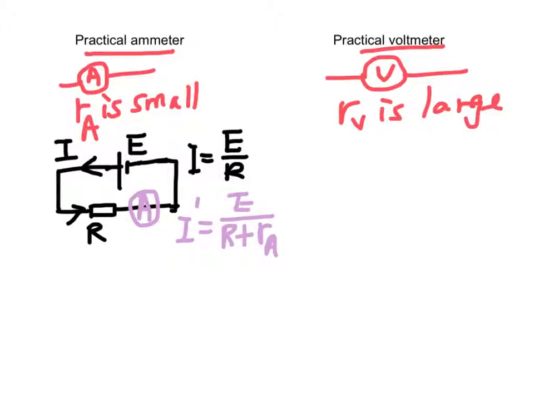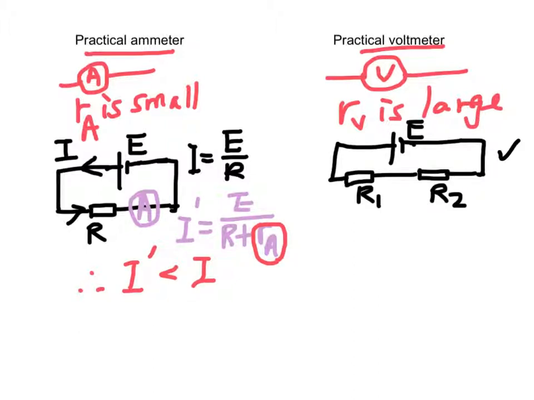And since R_A is very small but not 0, we will get the ammeter reading I' smaller than the actual current passing through the resistor R without the ammeter.